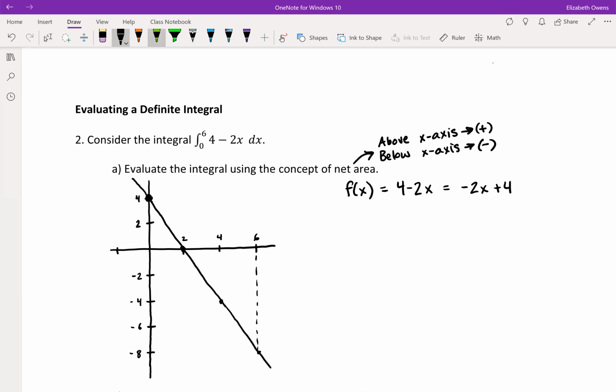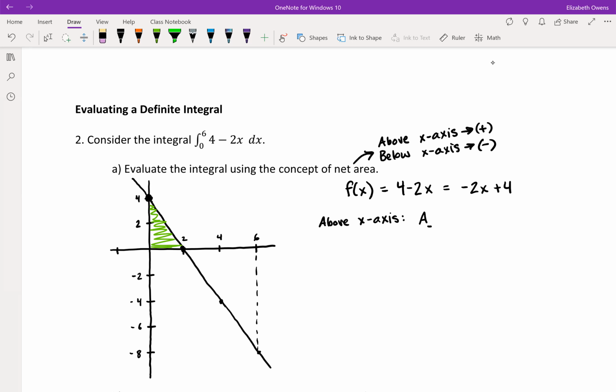Okay, so let's start with getting our positive area. That would be this little portion right here. Okay, so above the x-axis. All right, that little triangle's area would be, I'm going to label this like a sub plus.